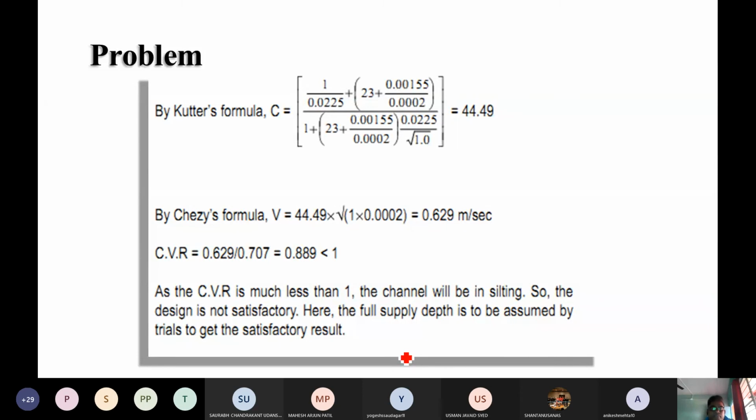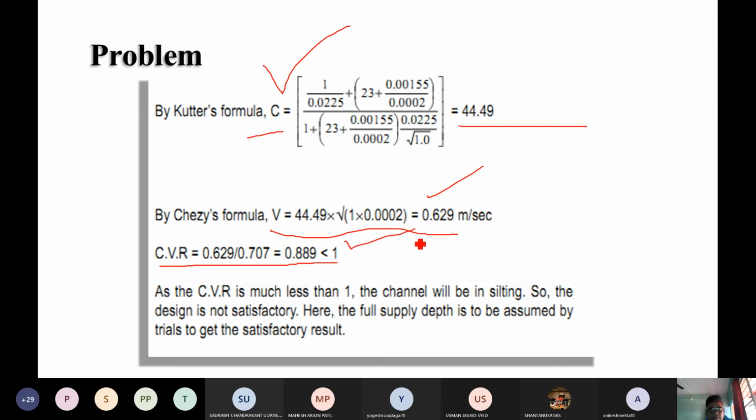Then by Kutter's formula, if you apply this formula and substitute all these values, C parameter is equal to 44.49. By Kennedy's formula, velocity is 0.629. If you want to find out the CVR value, this value should be less than 1.